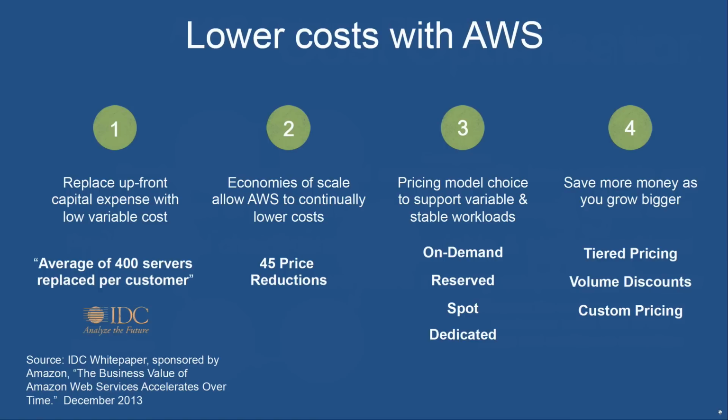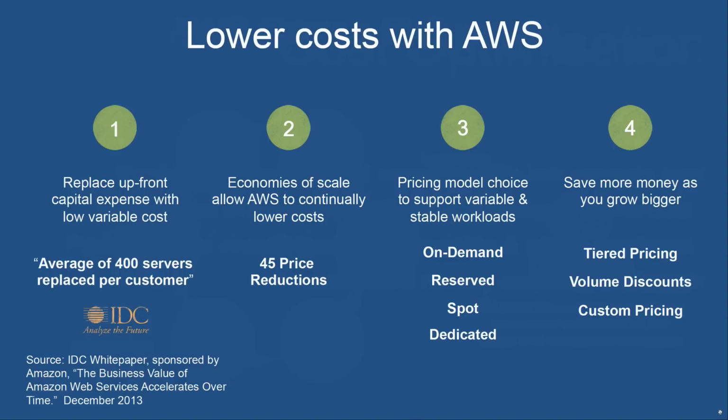And they discovered that on average, customers were replacing around about 400 physical servers with services that they were deciding to use from AWS rather than buying that equipment. So you can see there there's actually a large number of customers that are really doing that. They really are stopping spending capital on infrastructure, and instead they're consuming services using this variable usage-based charging model that AWS operates.